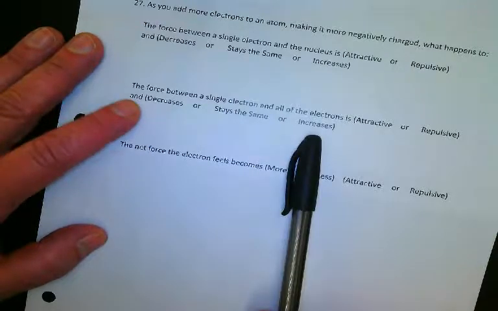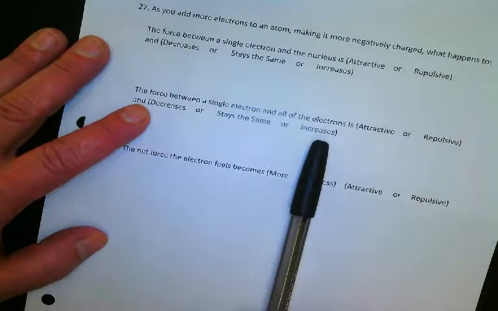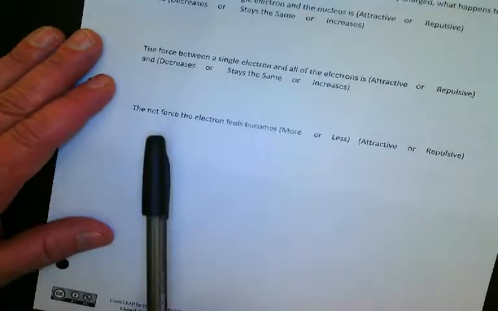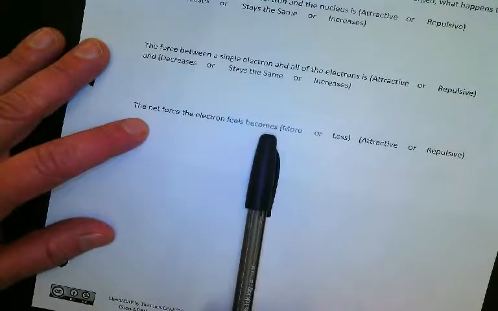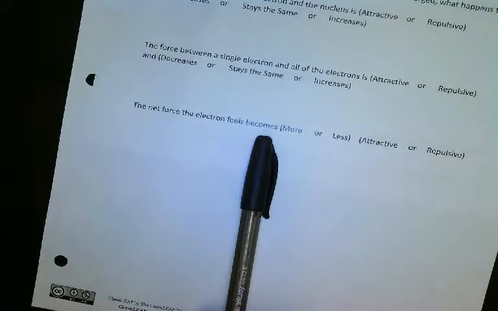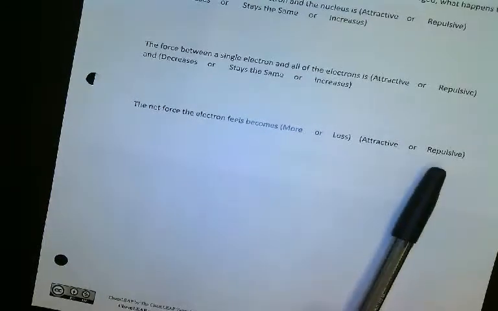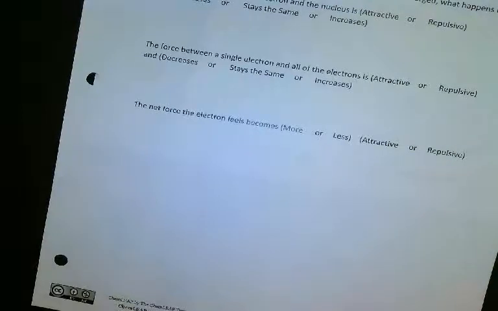So if you add an electron, that's going to increase, right? The net force the electron feels becomes what? More repulsive, right? Because there's more negativity around them, right?